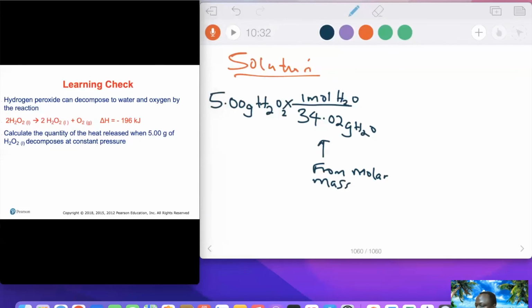If you are not given the molar mass, use the periodic table.